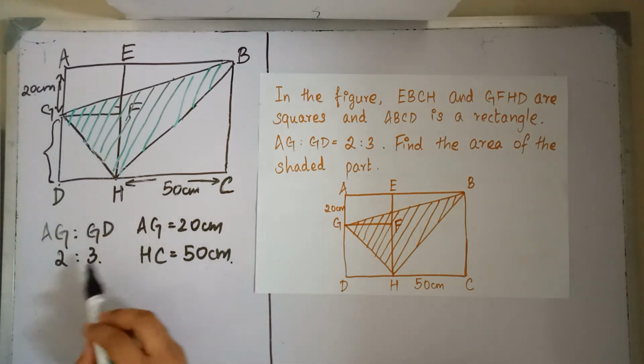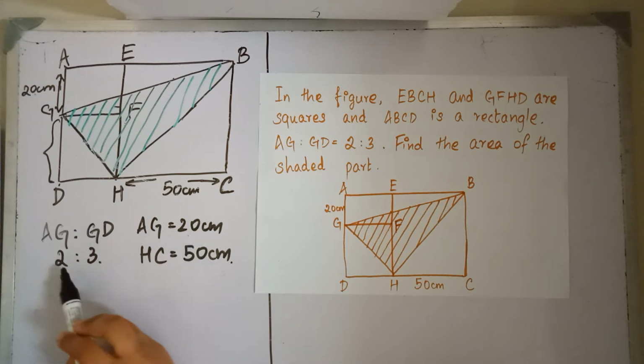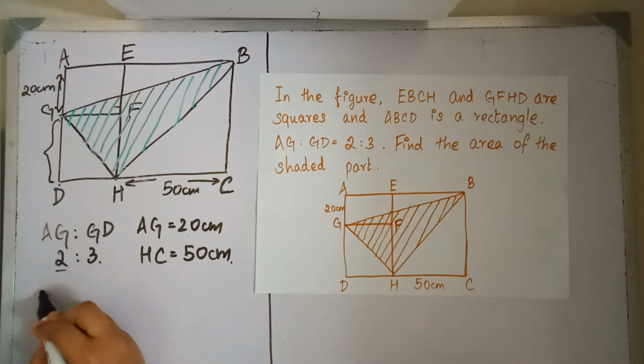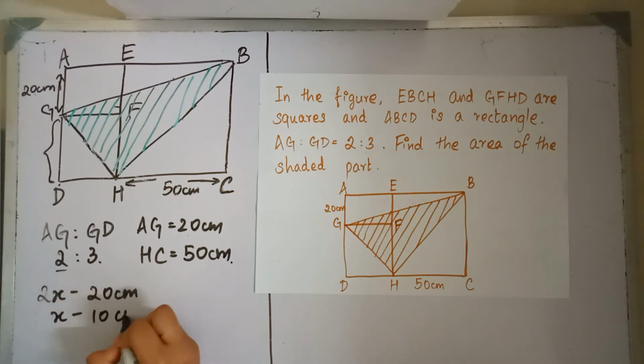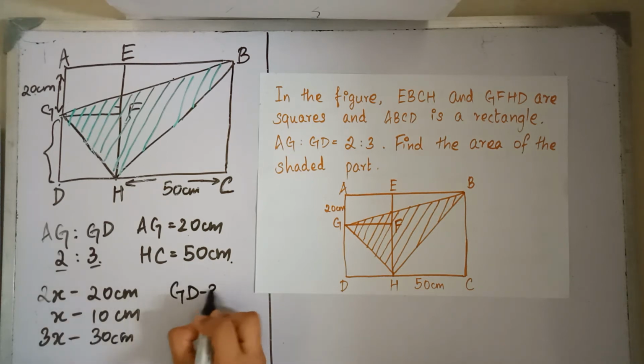How? Because we have the value of AG and we have a relation between AG and GD. So we'll be taking this as 2x is equal to 20 cm, then x will be equal to 10 cm. 3 parts, 3x will be equal to 30 cm. So GD is 30 centimeters.